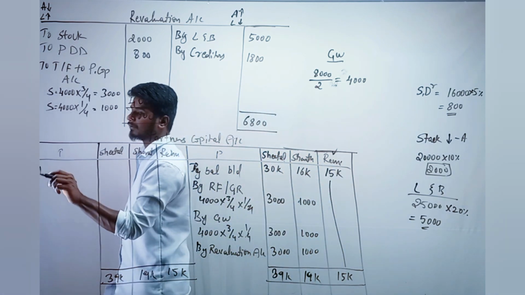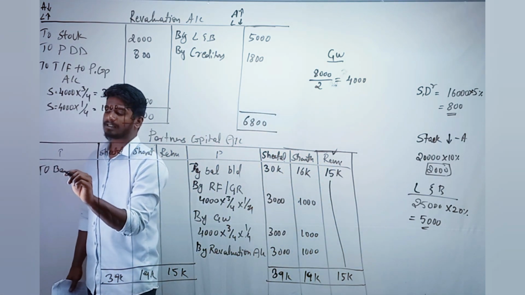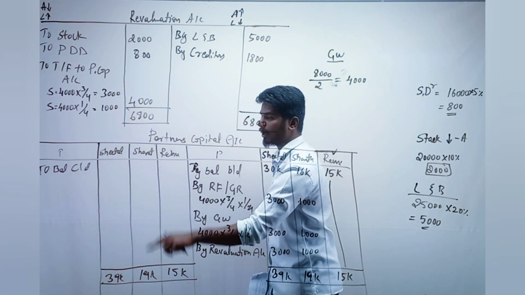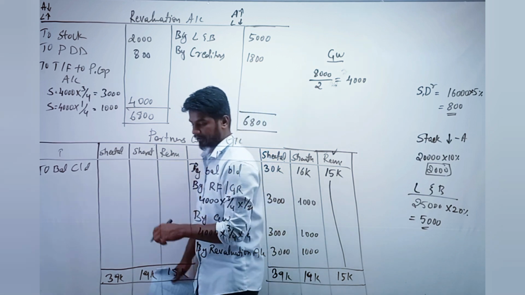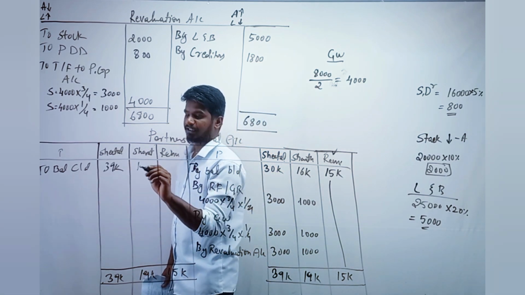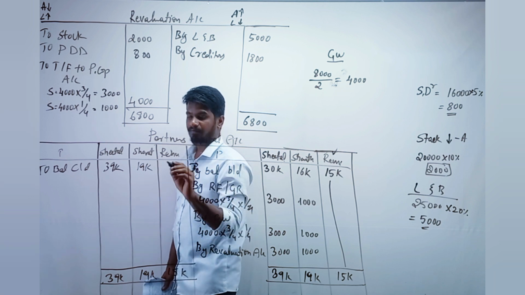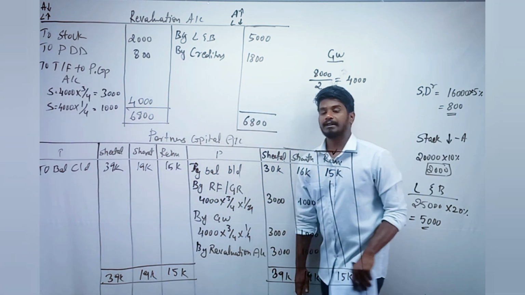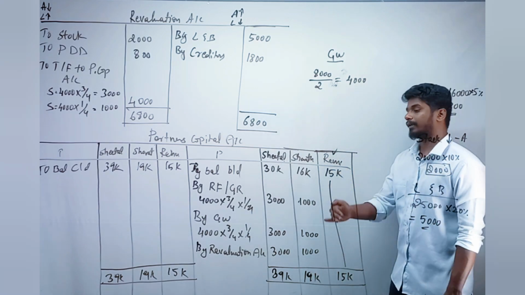Just write balance carried down and write the same amounts above: 39k, 19k and 15k, correct. So that's it, your partner's capital account is ready.